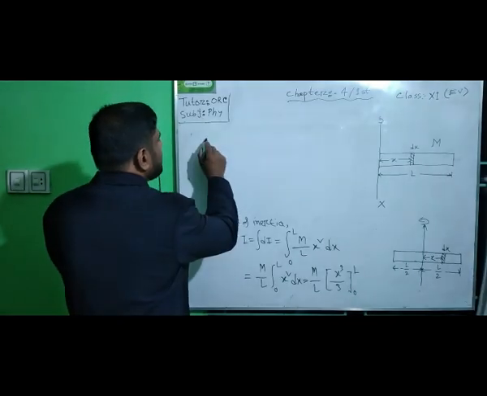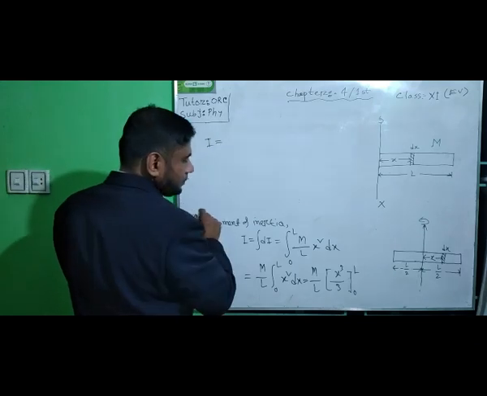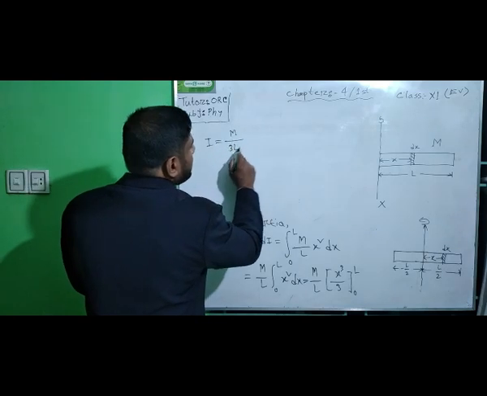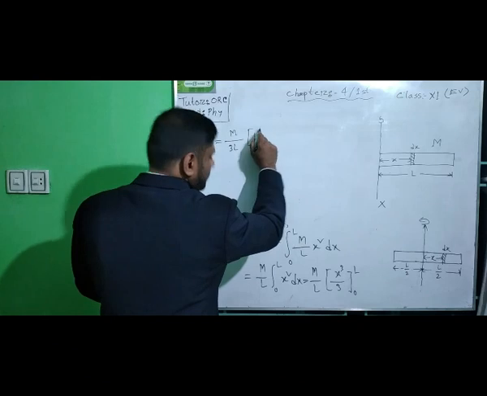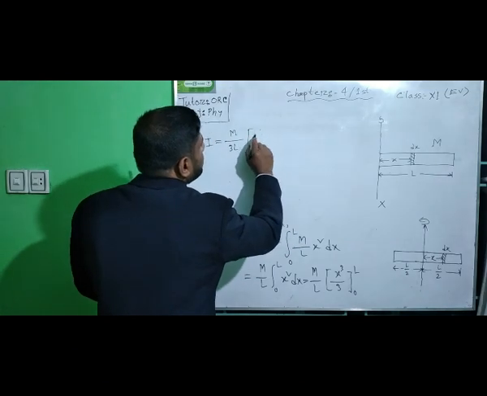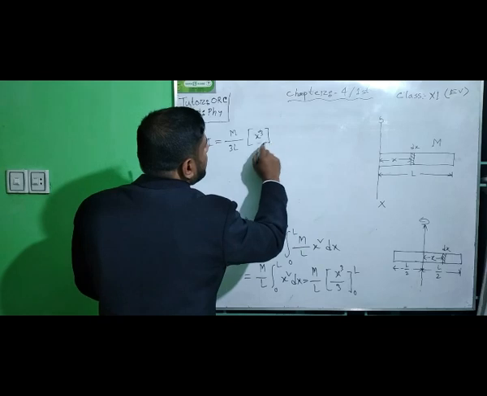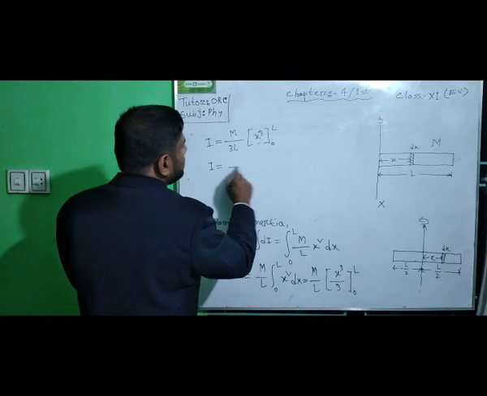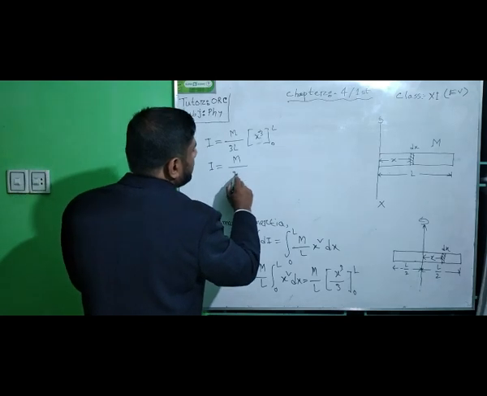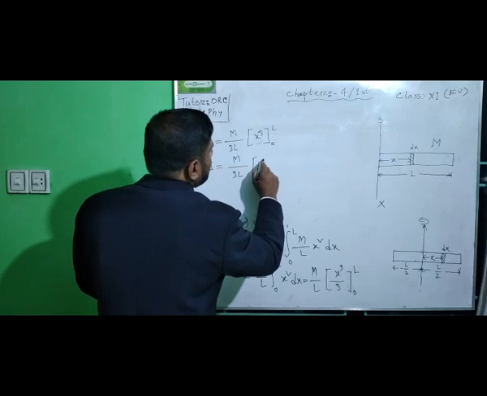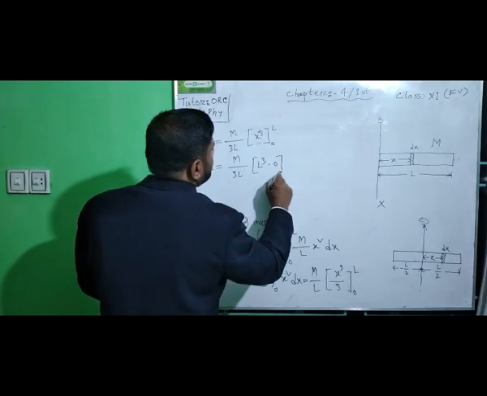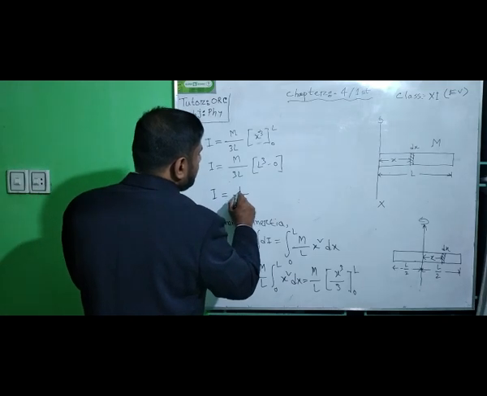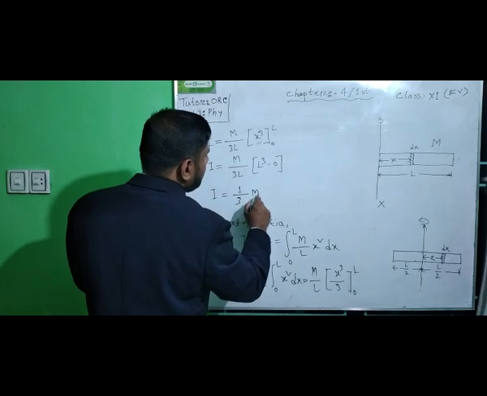So moment of inertia I equals m divided by 3L into x cube, where the lower limit is 0 and the upper limit is L. Then let us put the value: m divided by 3L into L cube minus 0. So from here we can write the equation I equals 1 by 3 m L square.